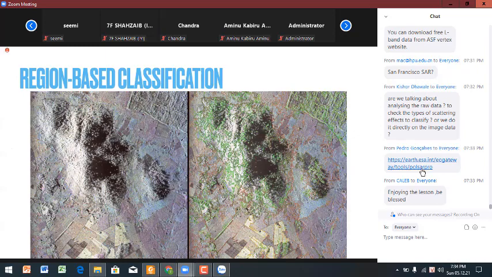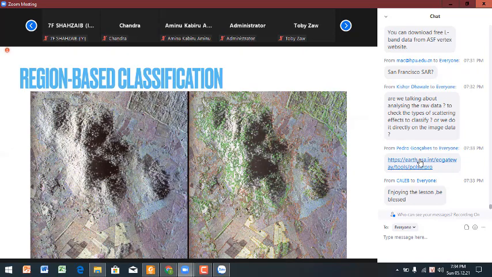So do not use pixel-by-pixel classification, but instead segment the area into regions, use statistics on these regions to remove the speckle effect, and then classify based on that.